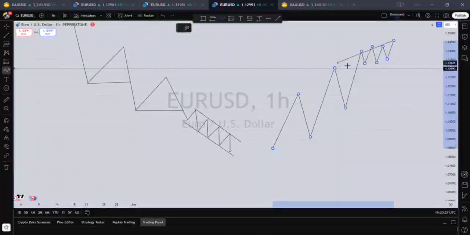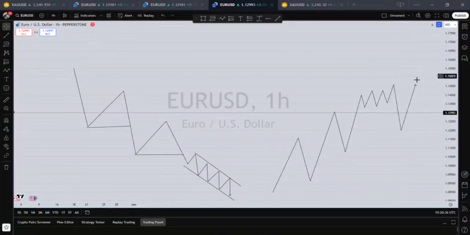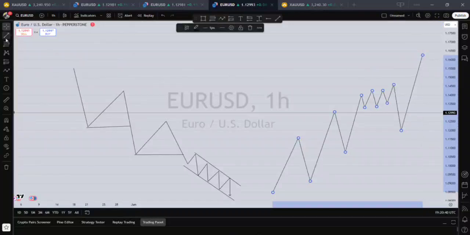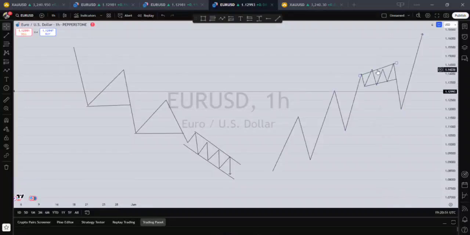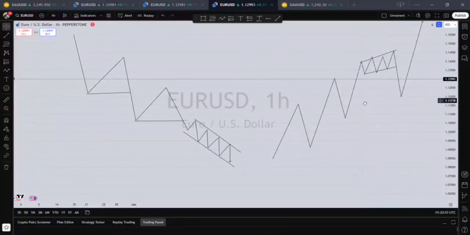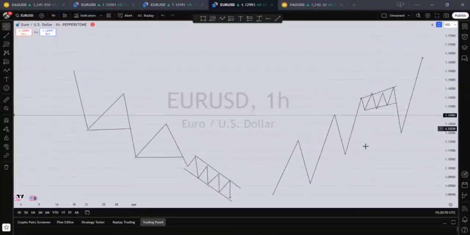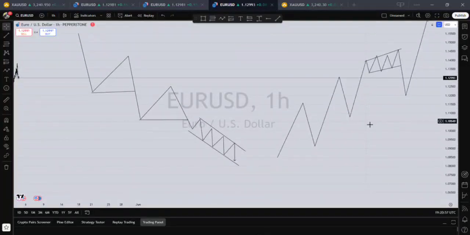So price can come, use any POI for the higher time frame to continue, and we are still following the same trend. Okay, so we can have something like this. This is a range structure. Though it is part of the trend, it is not part of the higher time frame structure that price is presenting.